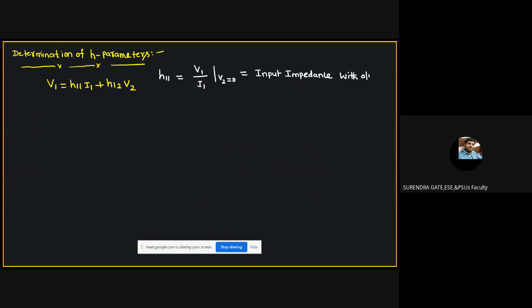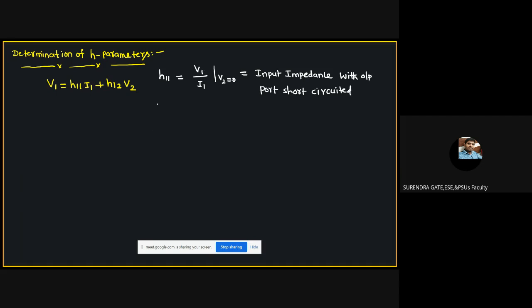It is not a transfer parameter because it is defined only for 1 and 1, or 2 and 2. There is no transfer from one port to another port, both are defined at the same port only. Input impedance with the output port short circuited.